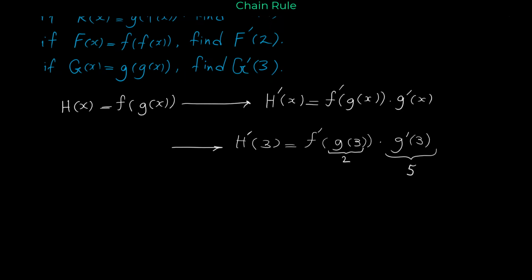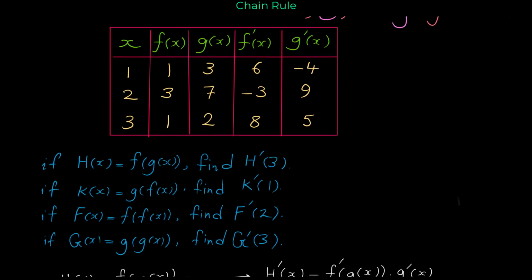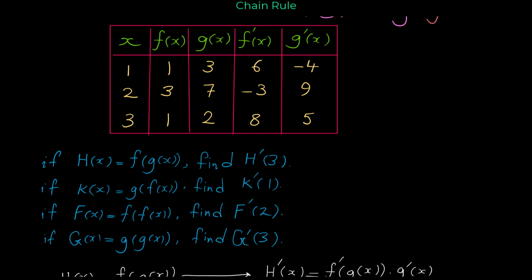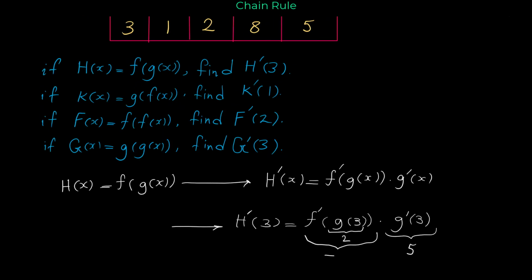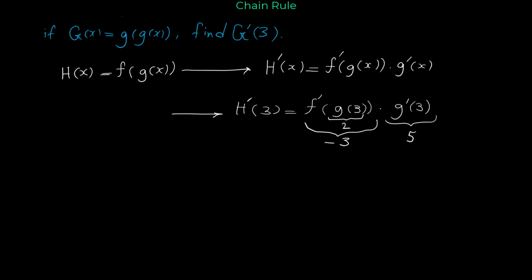But we have to find f prime at 2. For finding this value, we need f prime at 2. When x is 2, f prime value is negative 3. So this value is negative 3.